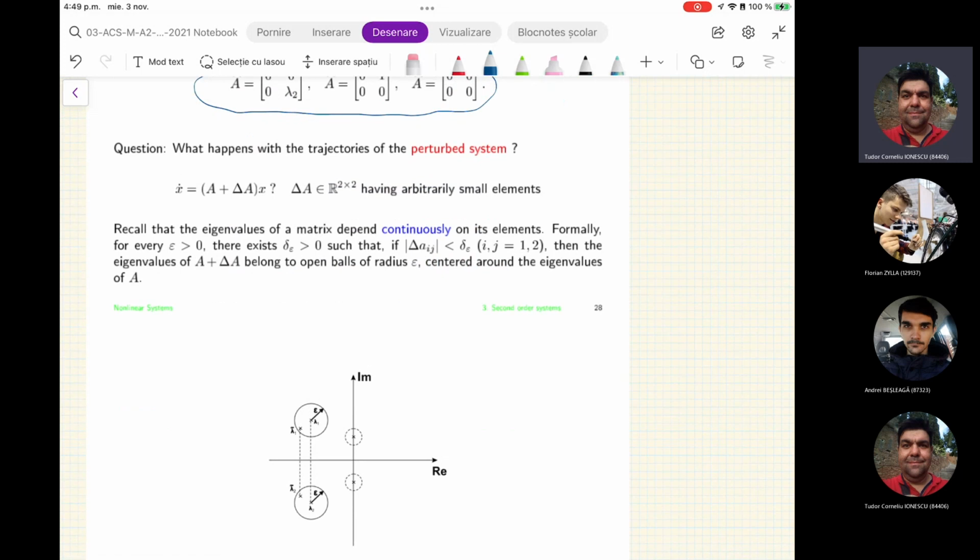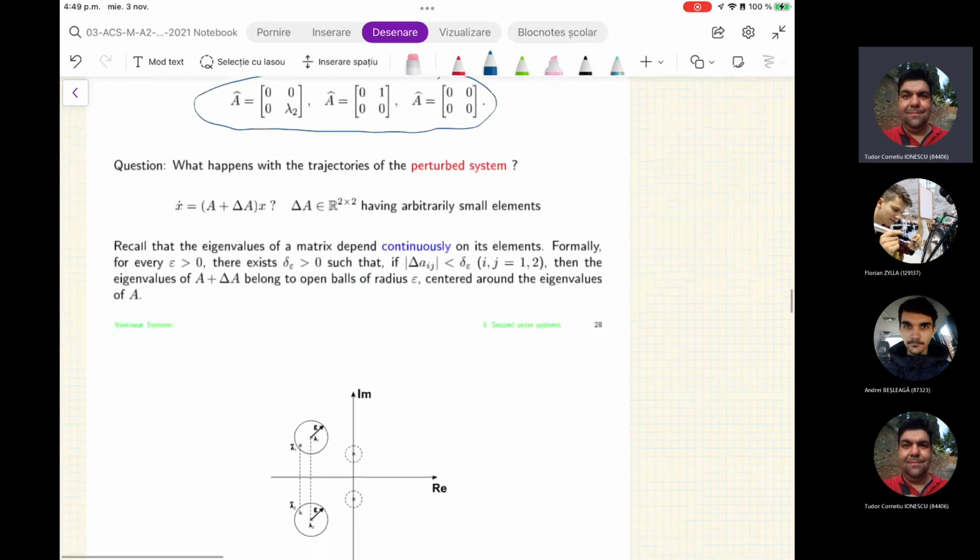Now, let's just talk a little bit about this situation. If we have a perturbed system, we add a delta to the matrix A, and you get this perturbed system where delta has arbitrarily small elements. The eigenvalues of a matrix continuously depend on the elements.